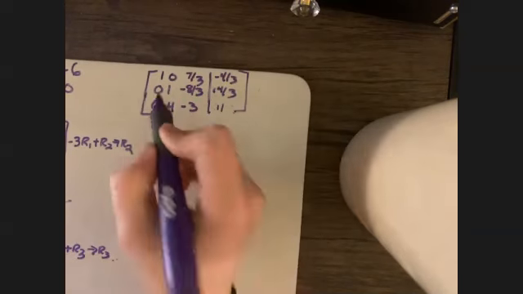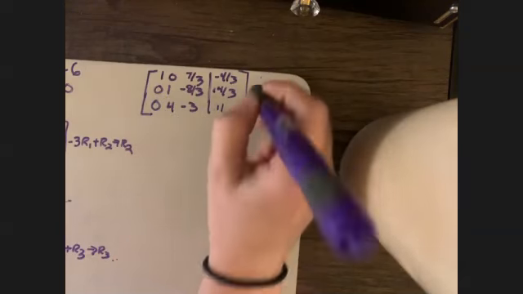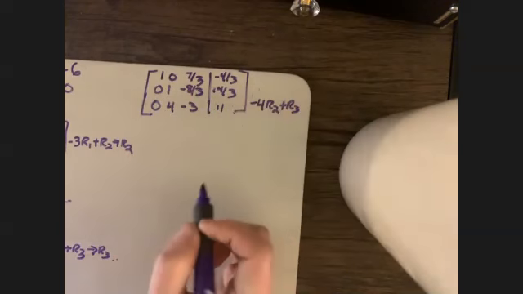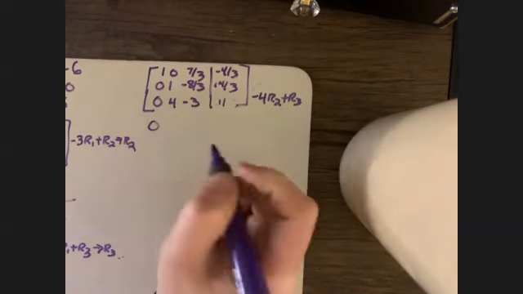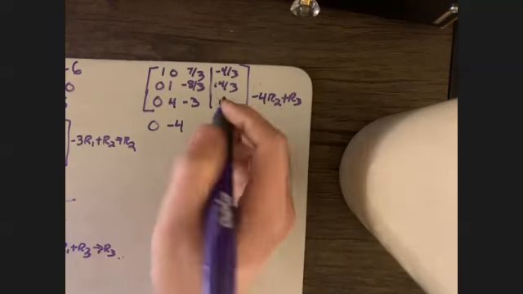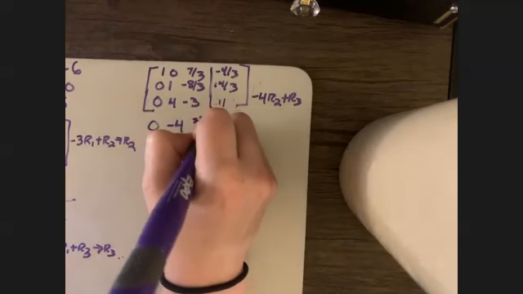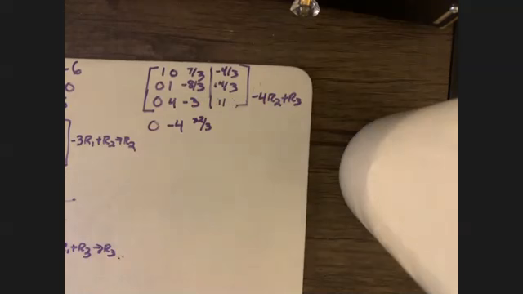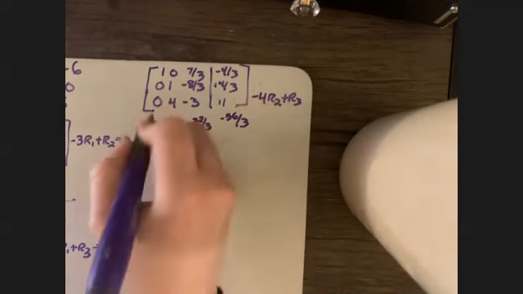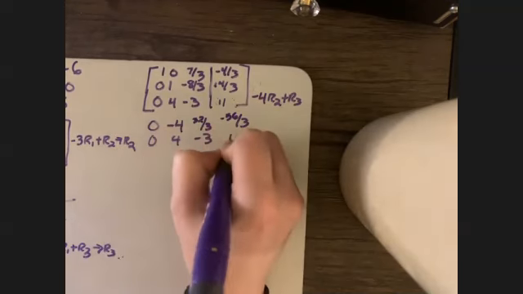I'm going to go ahead and move up and write that new matrix up here. Okay, so now I'm going to use this 1 to get rid of this 4. So -4 row 2 plus row 3. And that's going to replace row 3. So I've got 0, -4, -32 thirds, -56 thirds. 0, 4, -3, 11.